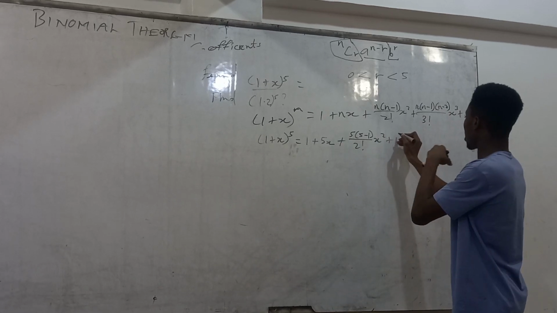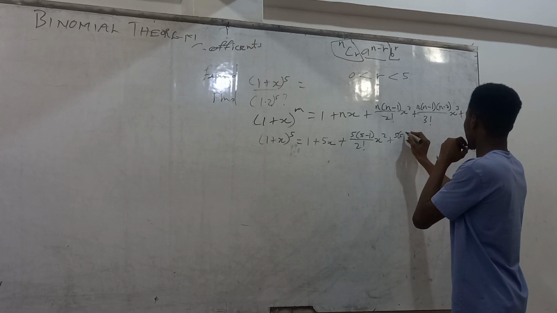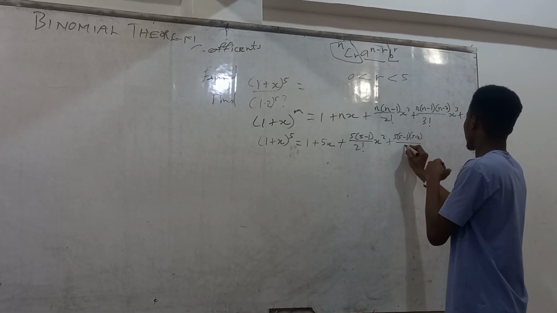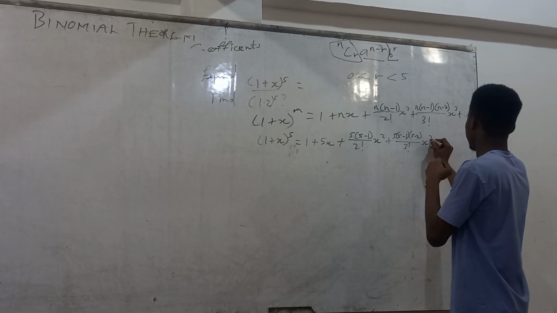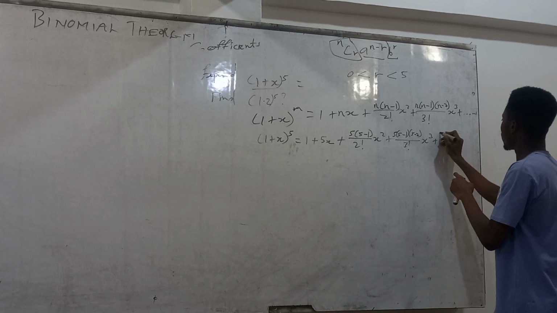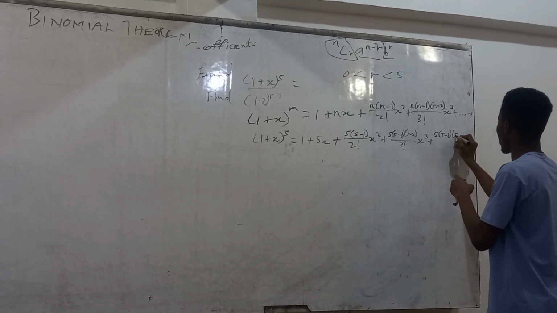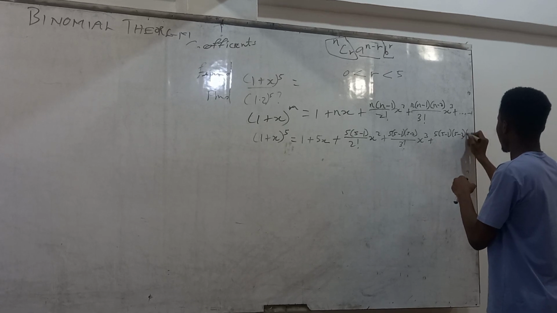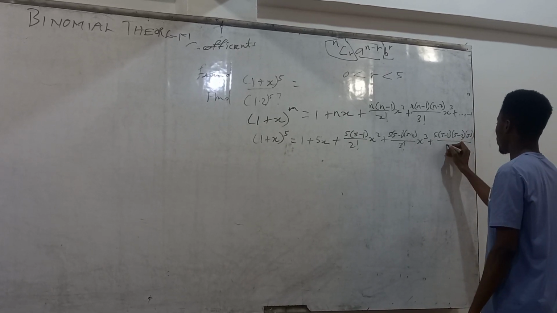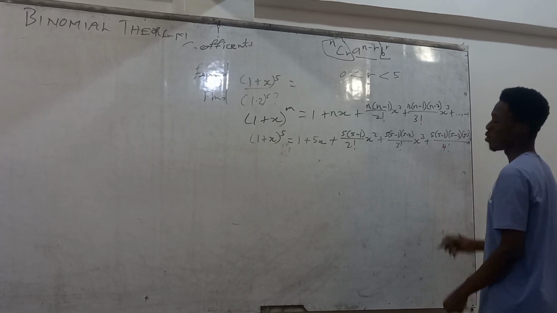The fourth term, 5 bracket 5 minus 1, 5 minus 2 all over 3 factorial x cubed. The fifth term becomes 5 bracket 5 minus 1, 5 minus 2, 5 minus 3, all over 4 factorial x to the power 4.